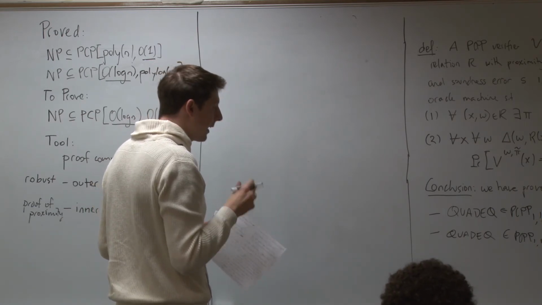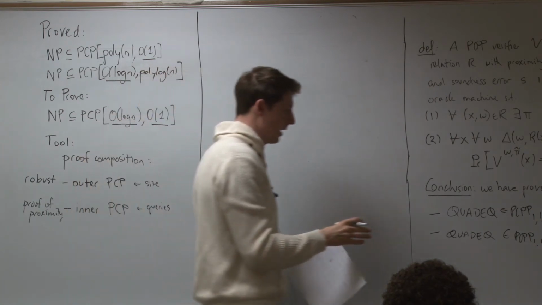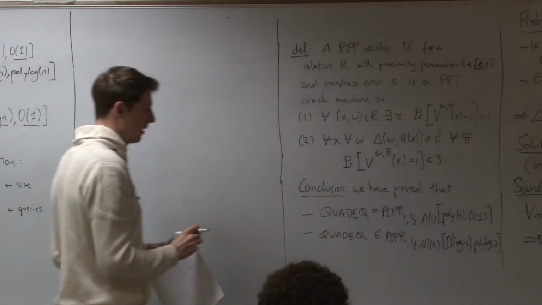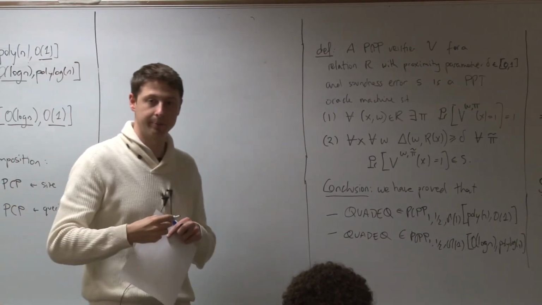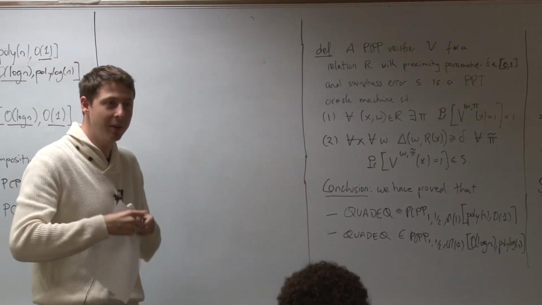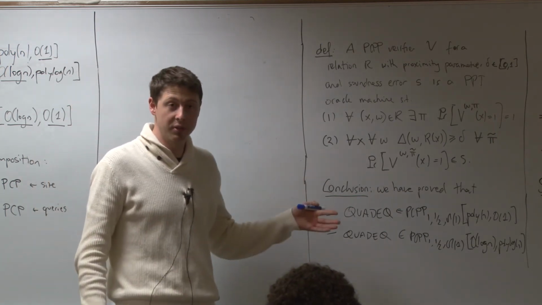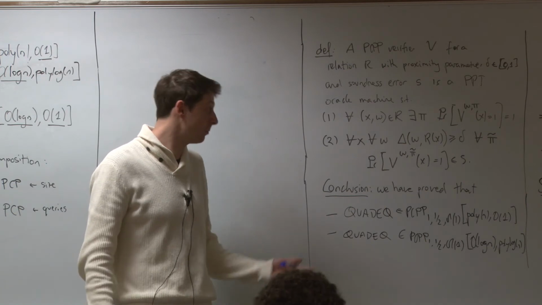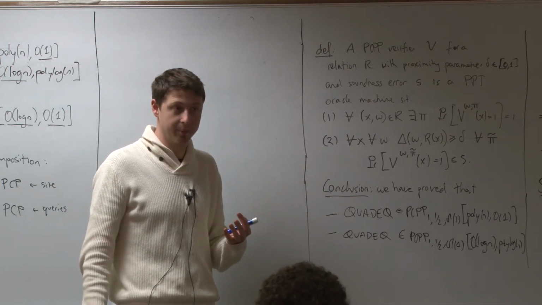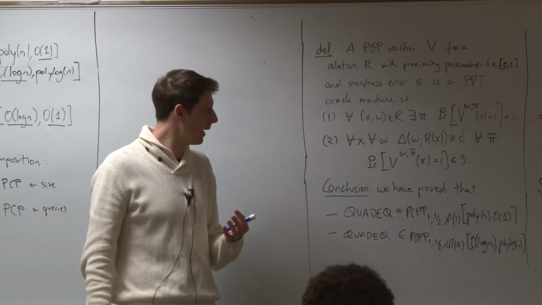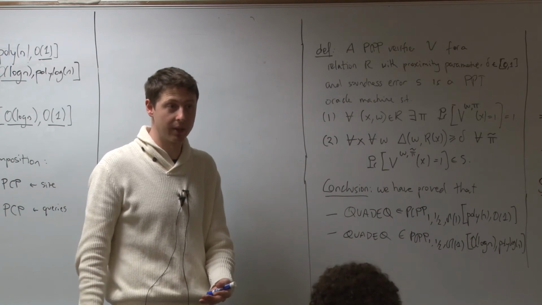So I claim that in a black box way, I cannot just take this one and deduce it for NP. Why is that? Typically, the way you deduce something for all of NP is to say, I construct a proof system for a particular language, take the language you started from, apply a reduction, and then run whatever proof system you had after you applied the reduction.